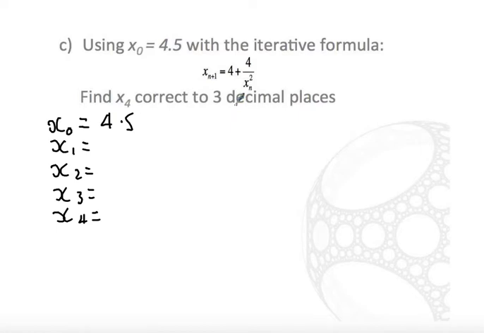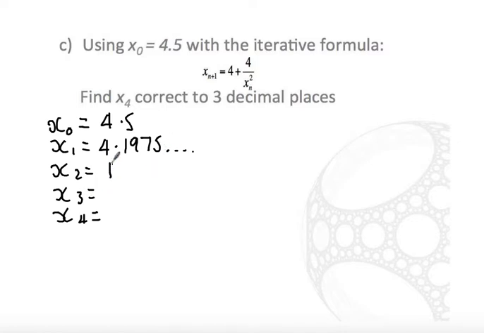So as I'm giving an answer to 3 decimal places, I'm going to work to at least 4 decimal places. So once I put in 4.5 into my iterative formula on my calculator, we get x1 equals 4.1975. And there are other parts of that sequence. I'm just listing up to 4 decimal places.